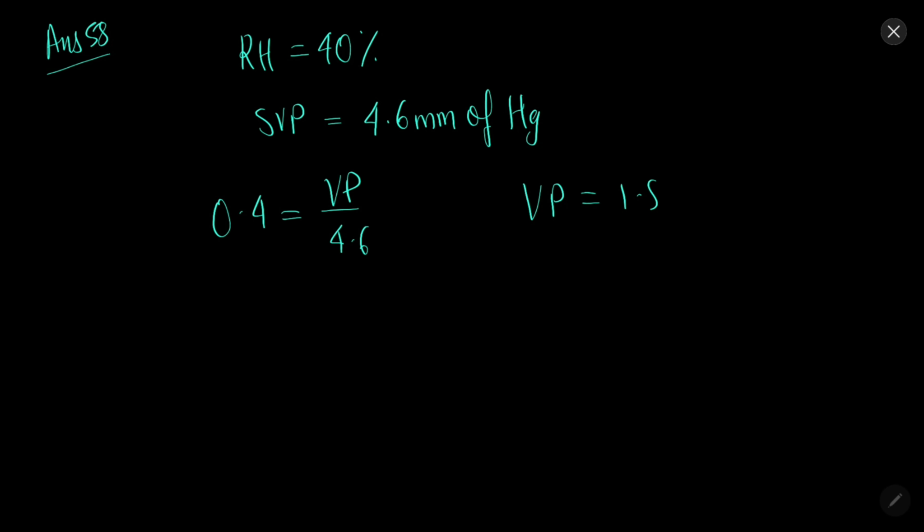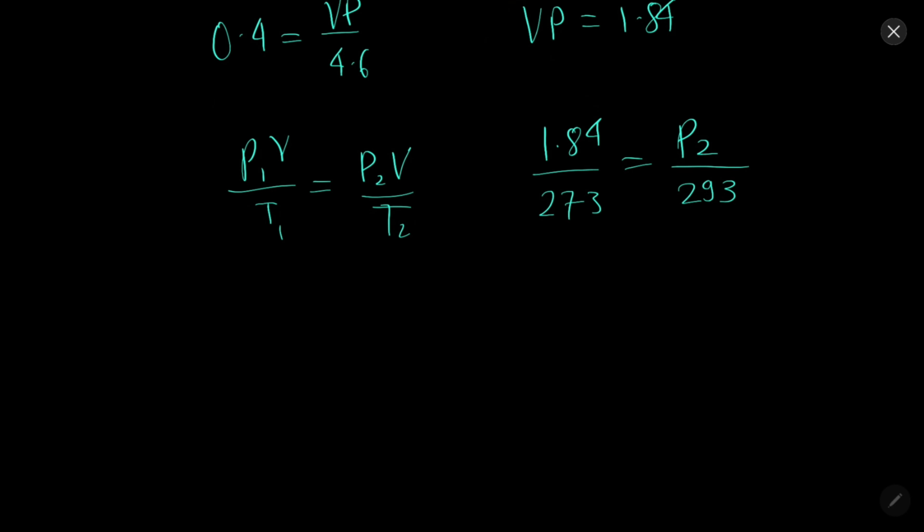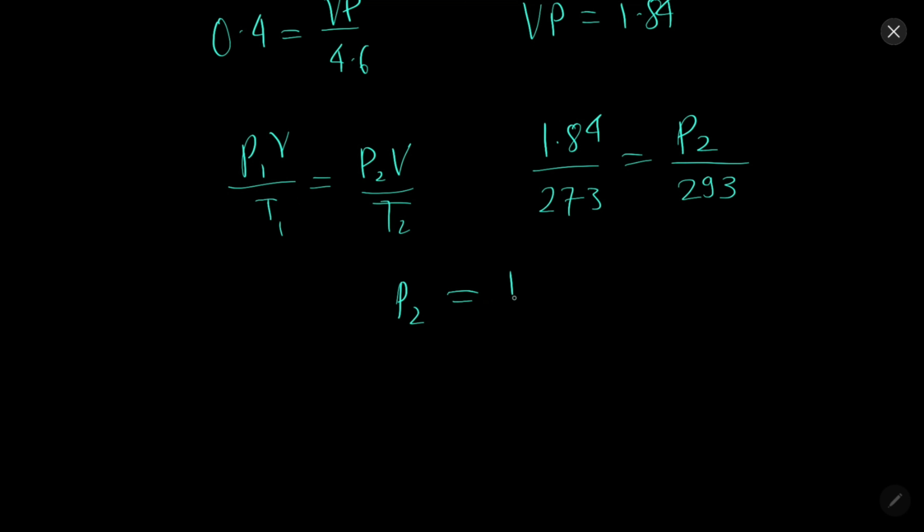Vp will come out to be 1.84. P1V over T1 equals P2V over T2. 1.84 over 273 equals P2 over 293. P2 will come out to be 1.84 over 273 into 293.